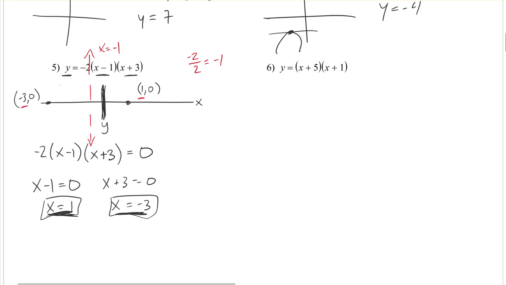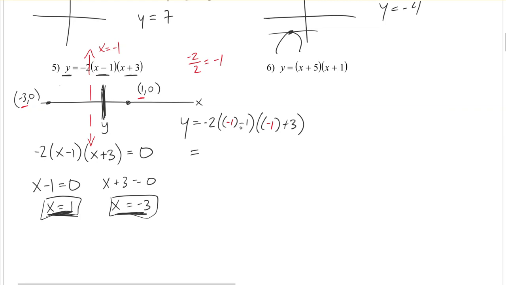So now to find the y value, we just take our equation and plug in a negative 1. So we'll write our equation, y equals negative 2 times the quantity x minus 1 times the quantity x plus 3, and we're subbing in our value of x, which was negative 1, and we're going to get out a y value. So we've got to work inside here, order of operations.